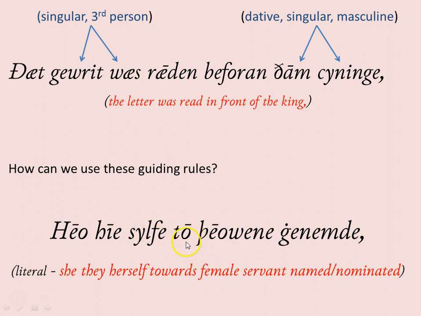To, with conjunction, towards in this case. Theowena, female servant, slave, handmaiden, servant. Genemde, well, that looks like named. And this one here looks like female servant.